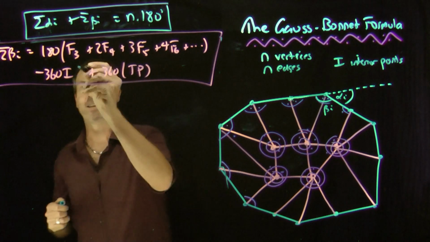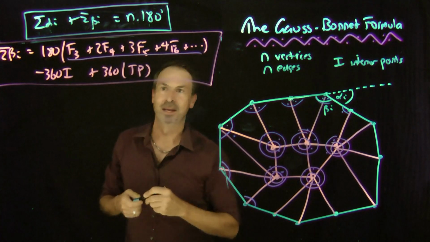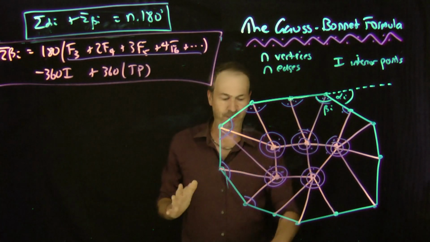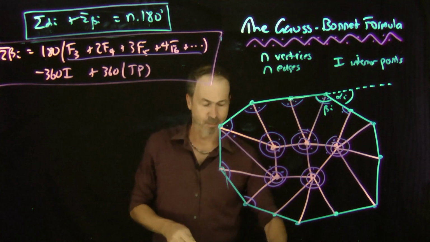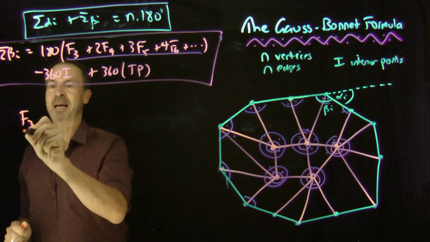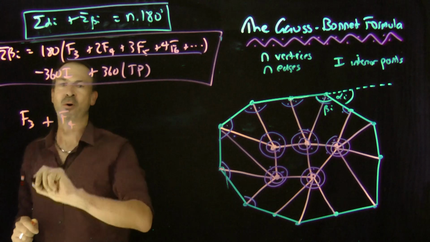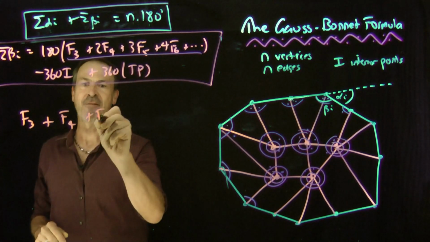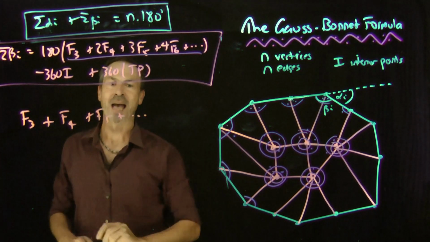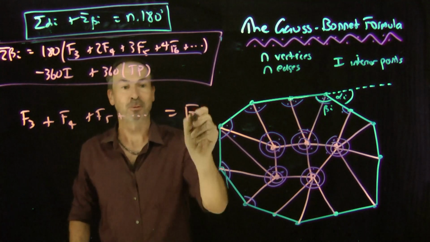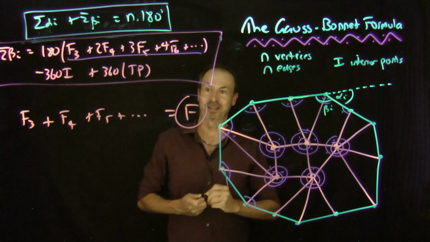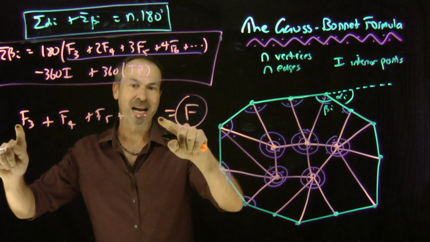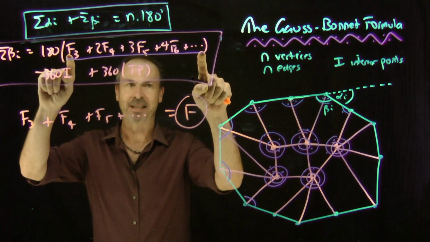What is this stuff? Well, some of it I can make sense of. For example, I do know that F3 is the number of triangular faces, plus F4 the number of quadrilateral faces, plus F5 the number of pentagonal faces, and so on. All that is just the total number of faces. Most people usually call that F, the total number of faces. So at least that sum, which is maybe somewhat related to that, I know.